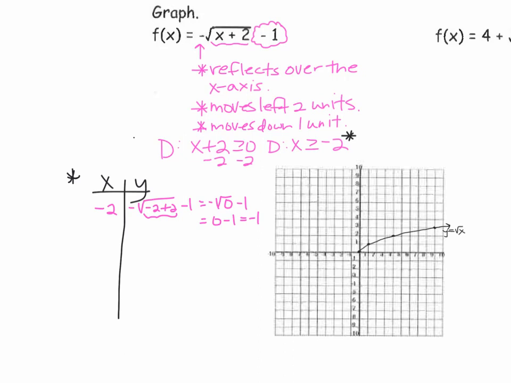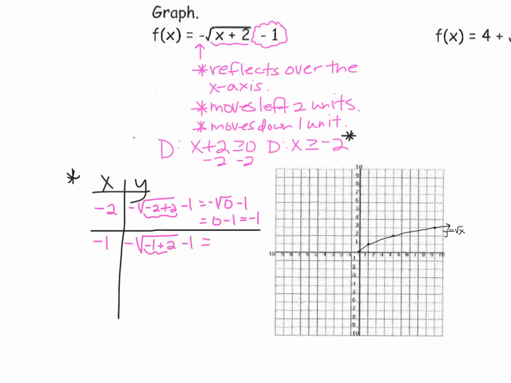Yikes. All right, so I'm going to divvy this up so that I know where my input and output matches. So I'm going to go to another one. We want to try to find values for x that make the inside a perfect square. So if I go greater than -2, if I go to -1, let's see if we make that happen. If I plug in -1 on the inside, we get -1 plus 2, and then -1 after.